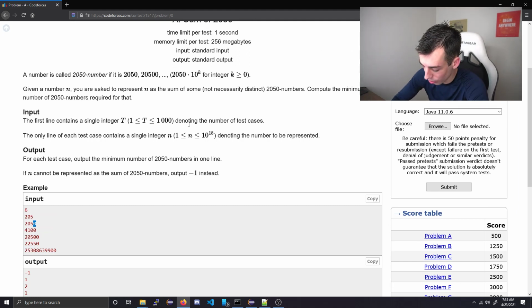So if we use 2050, if it's not divisible by 2050, it's -1.